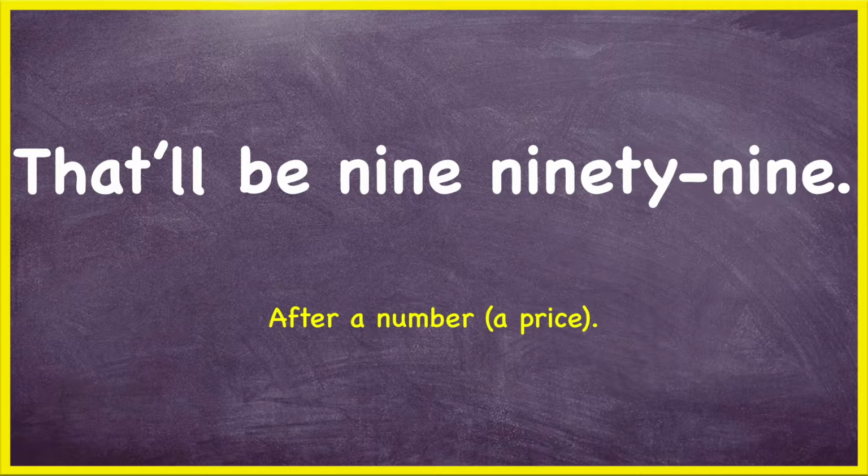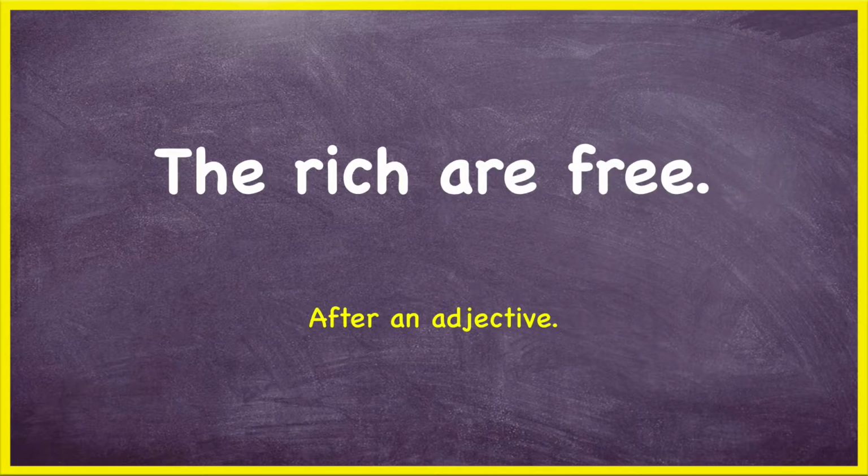You can just say 9.99, and we know what we're talking about because there's an exchange happening, an exchange between a product and money, right? Or a service and money. So you don't need to necessarily say what the currencies are. You can just use the numbers.